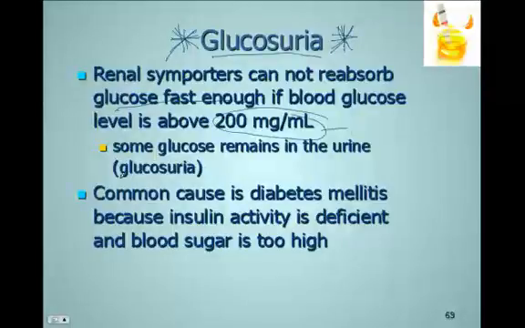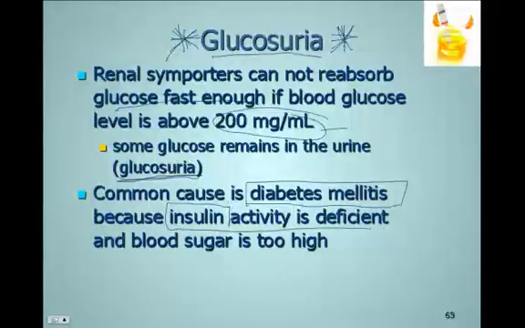When we have glucose in the urine, this is called glucosuria. And the most common cause of this is obviously diabetes mellitus, especially when insulin activity is deficient. And remember, insulin helps us pull sugar out of the blood and store it. So if we don't have enough insulin activity, then the blood sugar levels rise too high and we end up with glucose in our urine.